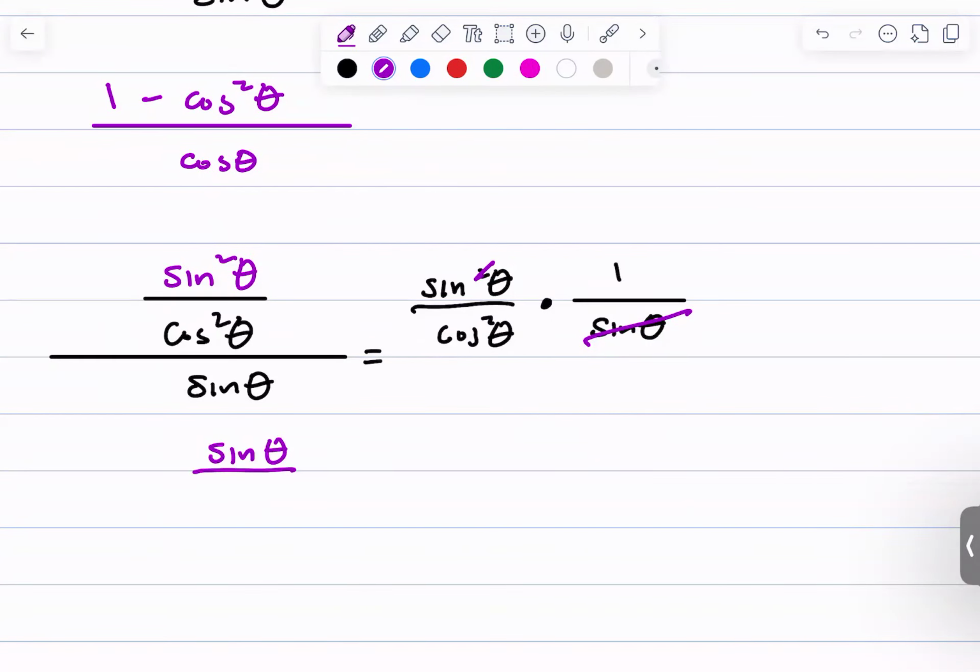So I have sine over cosine squared. Oh no, this is not squared. Sine over cosine, which is, what is sine over cosine? Tangent. Okay.